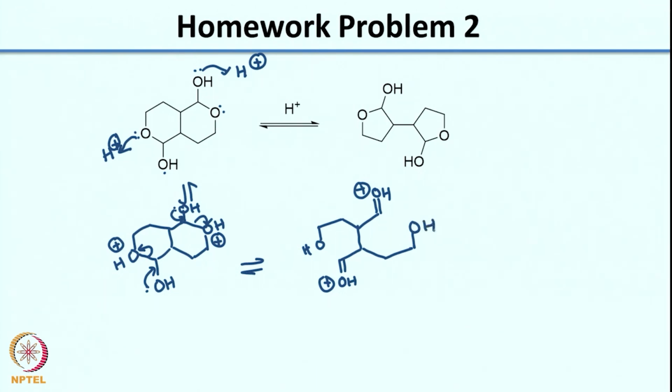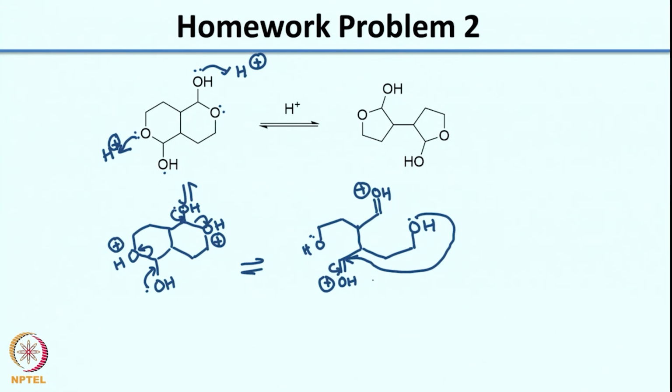So now you have opened up both these 6-membered rings. So now you have 2 free alcohols and a protonated aldehyde. So now what would happen is, you can imagine this oxygen interacting with the other aldehyde.